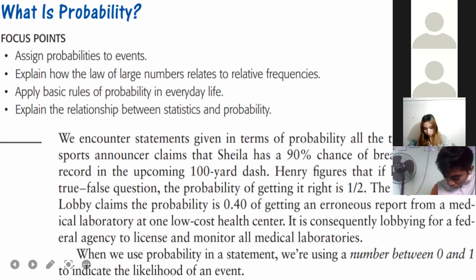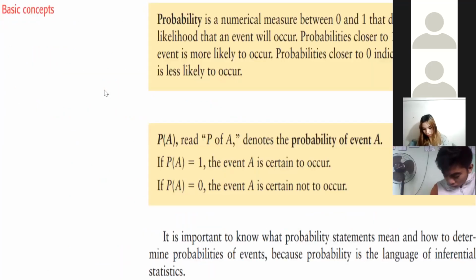Or in percent, that is 0% up to 100% when we write that in percent. Or in fraction, ito namang yung nasa pagitan naman nila can be also written in this form. All right, so let's continue.